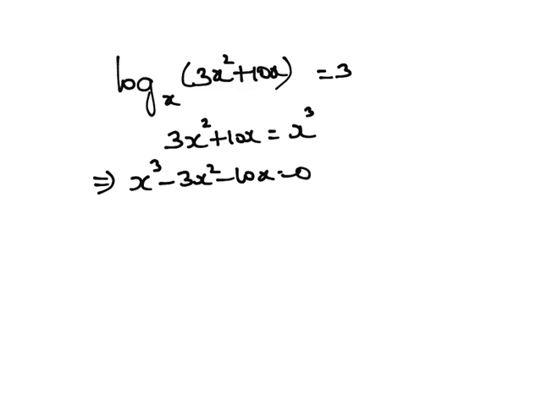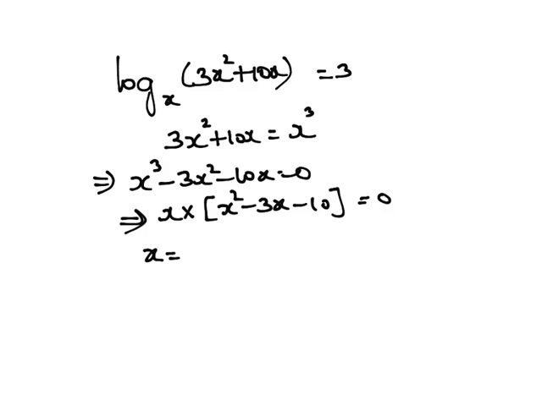So you can factorize, you'll take x common, you'll get x squared minus 3x minus 10 equal to 0. So either x equal to 0 or x squared minus 3x minus 10 equal to 0.